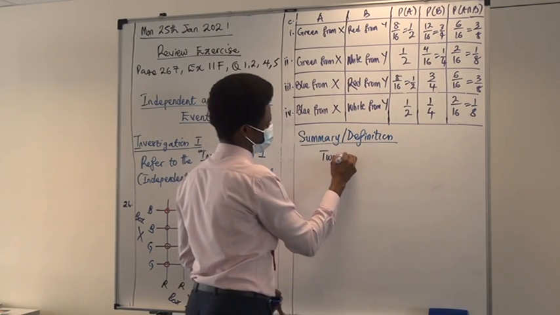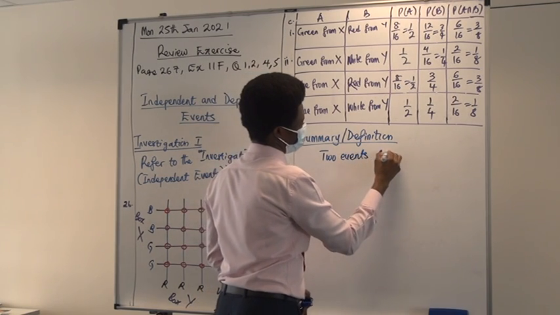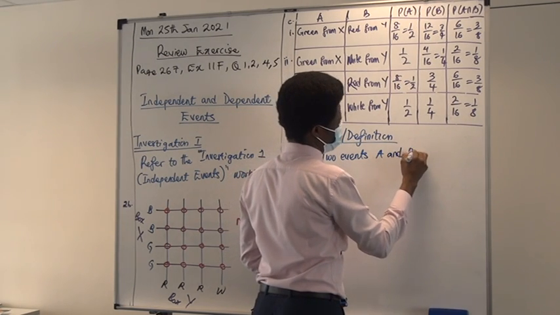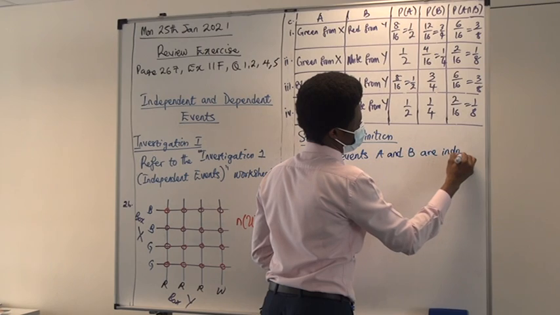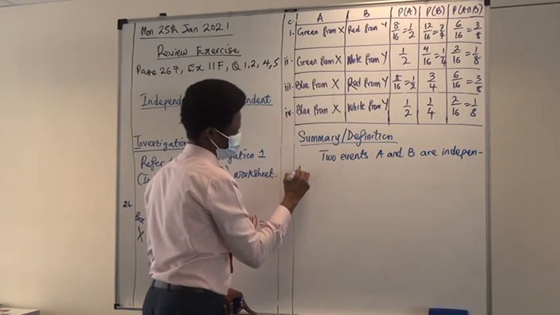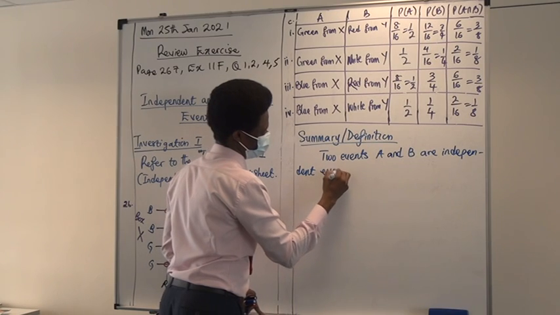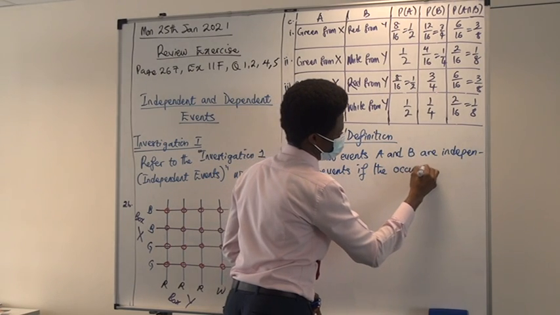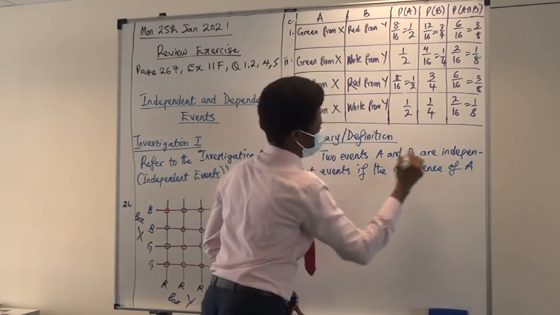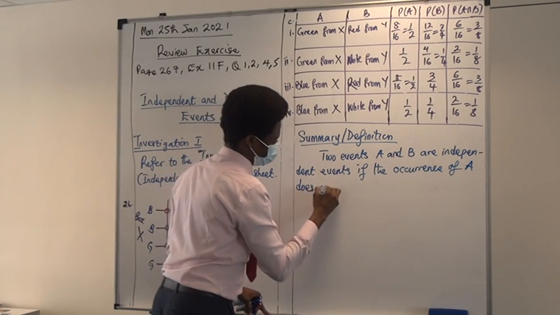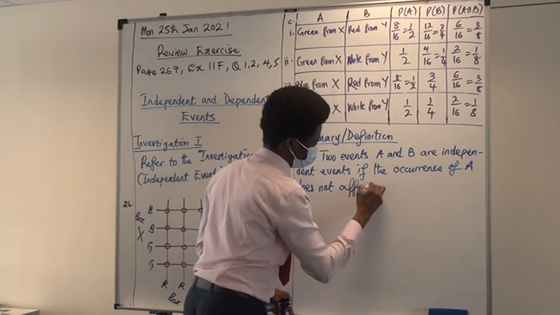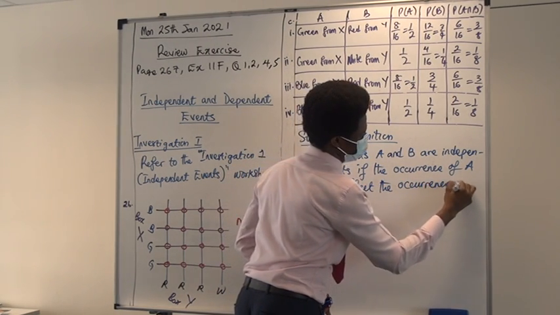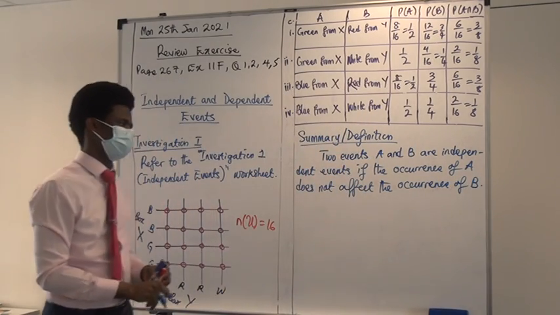Two events, A and B, actually two or more, it could be extended, so let's say A and B first, are independent events if the occurrence of A does not affect the occurrence of B. And of course, even the non-occurrence as well.